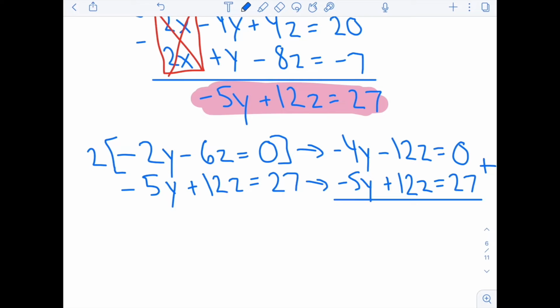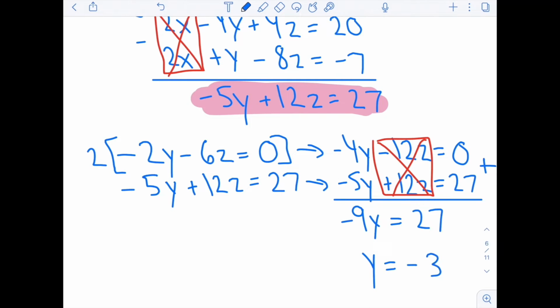So negative 4y plus negative 5y is negative 9y, and negative 12z plus 12z is 0, so that cancels out. And 0 plus 27 is just 27. So we're left with negative 9y equals 27, and if you divide both sides by negative 9, you'll get that y equals negative 3.